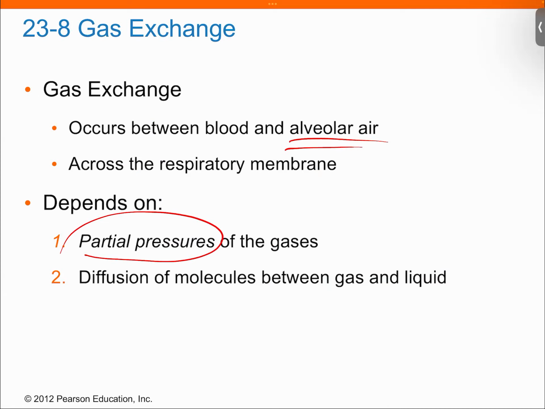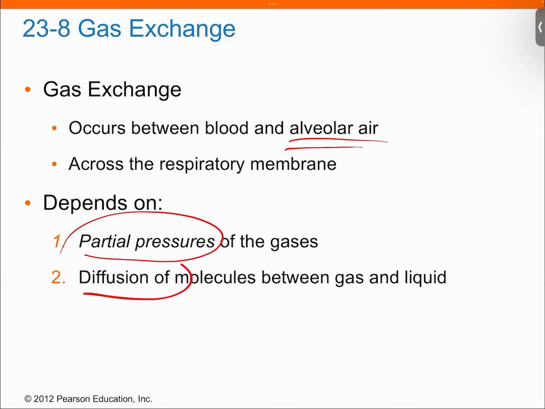Because it's all partial pressure of oxygen that you're interested in, not the entire mixed gas. For instance, most of the air that's in your lungs right now is nitrogen. But we don't care about nitrogen. We only care about oxygen. Matter of fact, we don't really care about oxygen per se. We only care about the partial pressure of oxygen that's in our alveolus in contact with the respiratory membrane. Wow, say that fast.